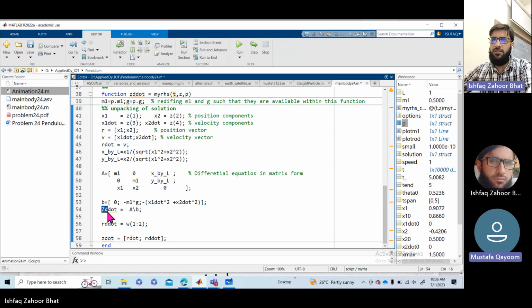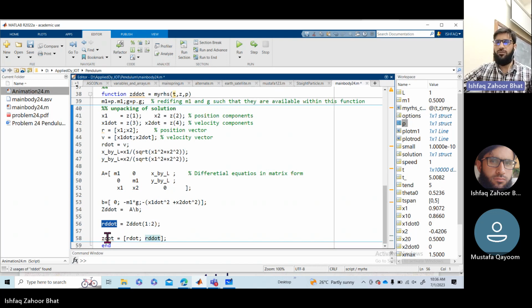Within this Z double dot, how many elements will I get? Three elements. First will be X double dot, second will be Y double dot, and third will be T. But I need only X double dot and Y double dot. So I will pull out the first two. That is why I am writing Z double dot 1 to 2. This will return me X double dot and Y double dot, and I will store that in R double dot.